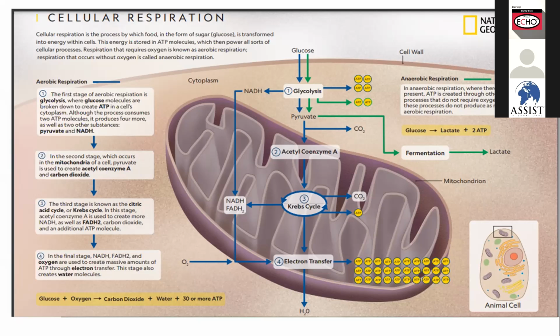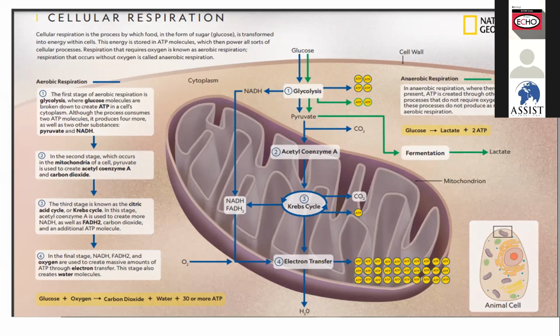At this level, the pyruvate created in the first stage of glycolysis will be used to create what is called acetyl-CoA, and CO2. Then the third stage, which is known very well, is the Krebs cycle.